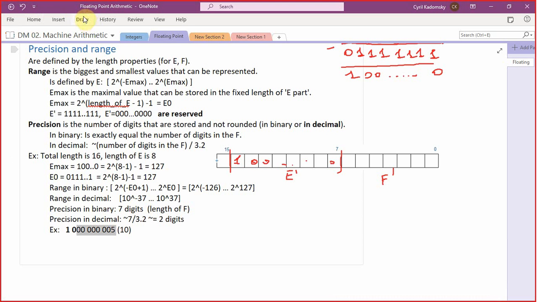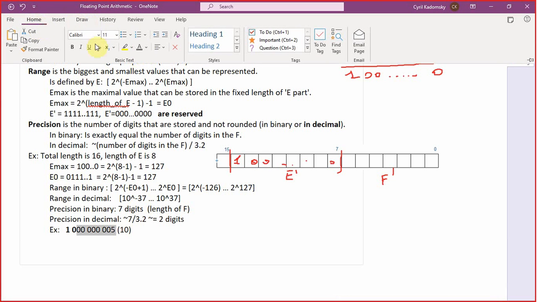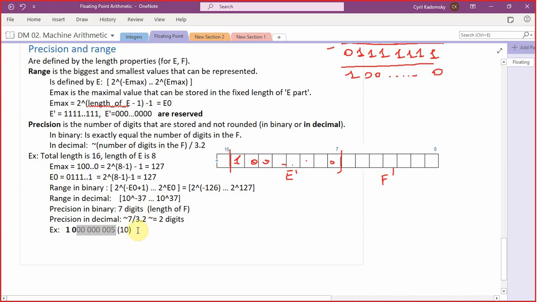Okay, so that is the biggest implication in practice. With floating point numbers, we cannot rely on all the digits that we obtain.